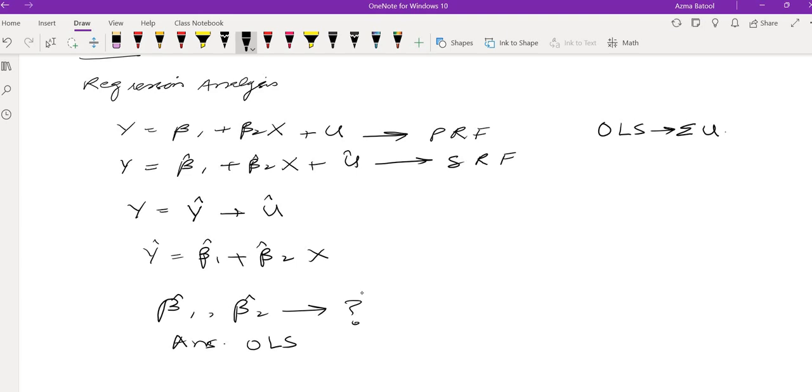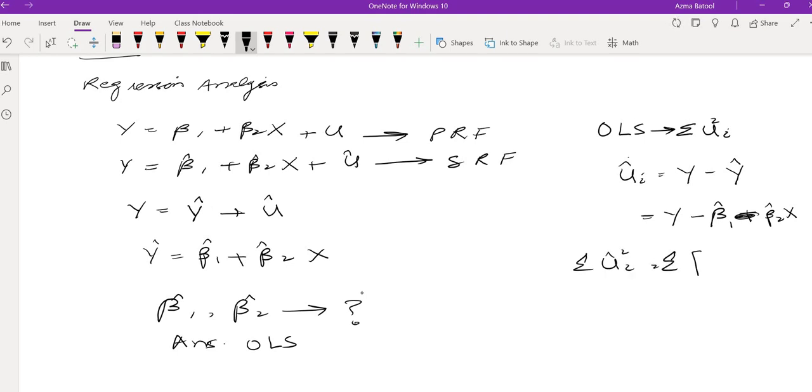OLS is minimization of the sum of squares of u i hat, where u i hat is y minus y hat. And what is y minus y hat? It is y minus beta 1 hat minus beta 2 hat x. So summation u i hat square equals summation of y minus beta 1 hat minus beta 2 hat x, whole square, right?